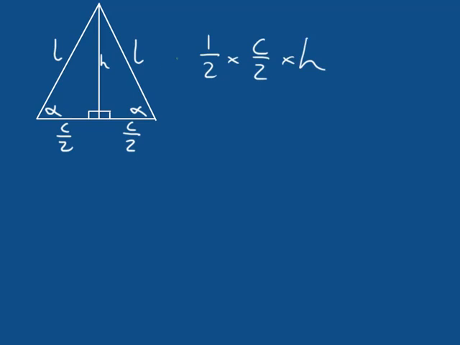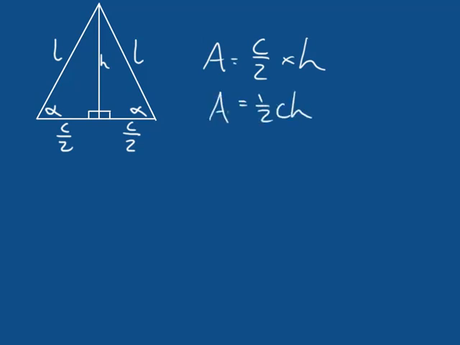In other words, it's equal to 2 times the area of any one triangle, because these two triangles are identical. We have two of them. The 2 and the half cancel, and that means that the area of an isosceles triangle is equal to c over 2 times h, which can also be written as a half ch.